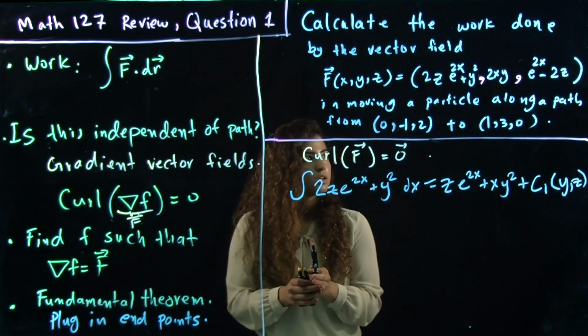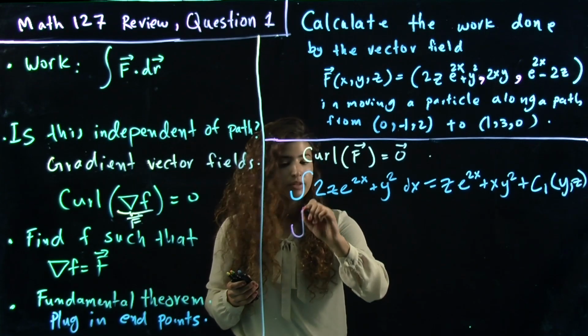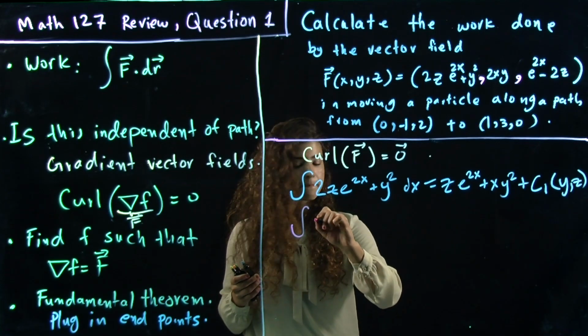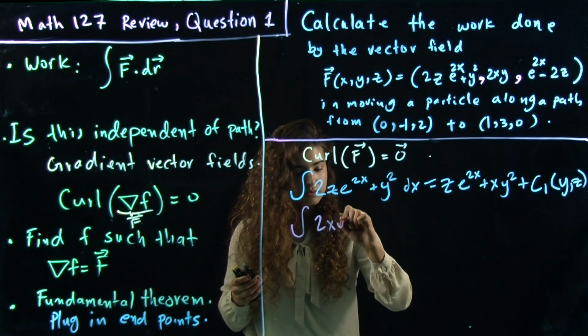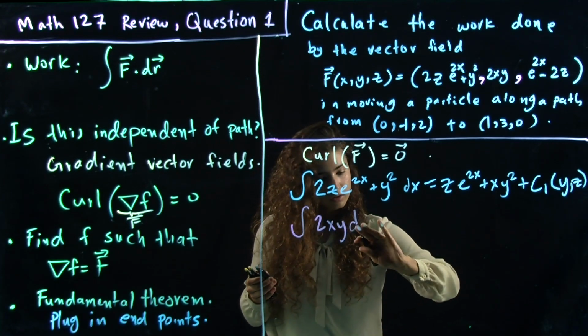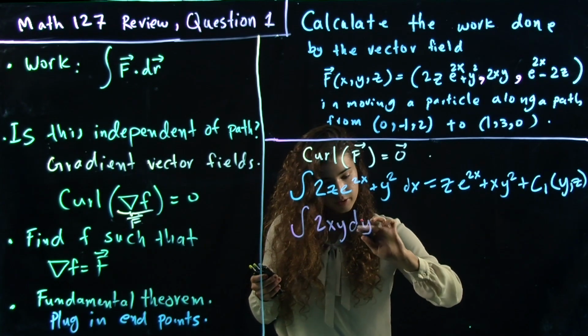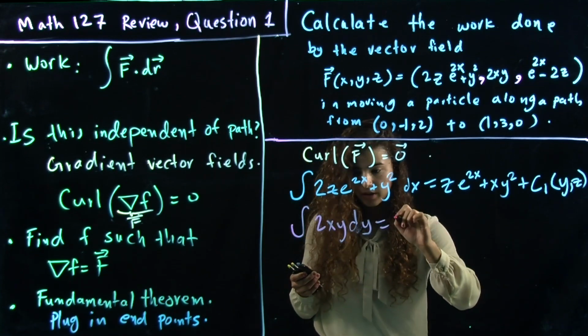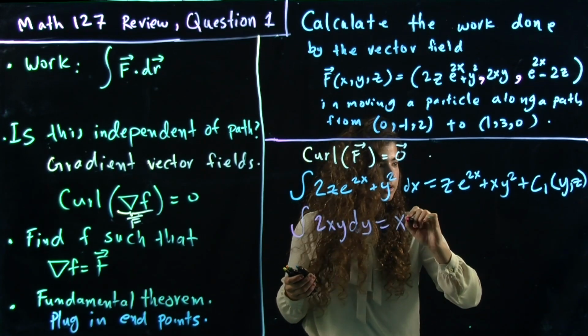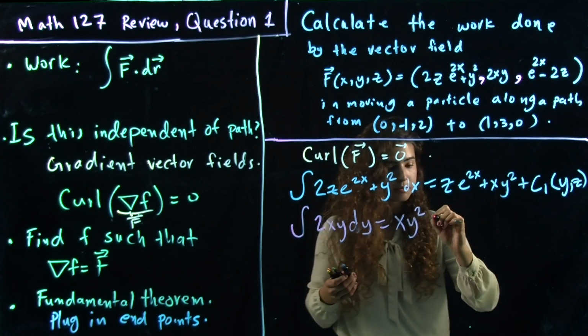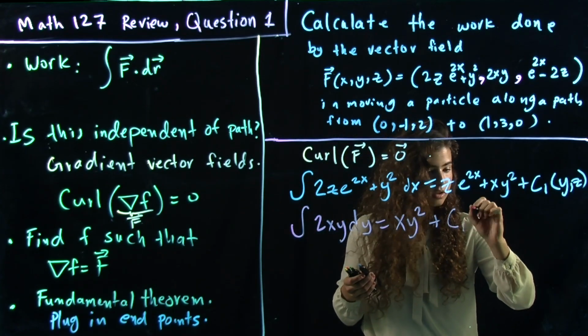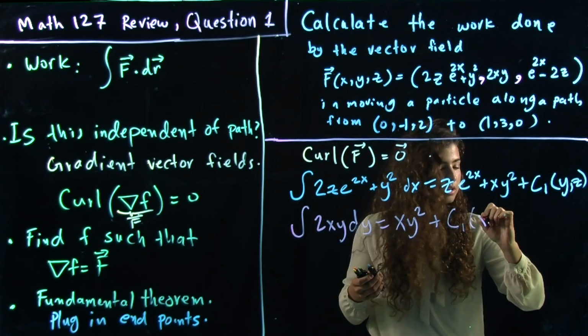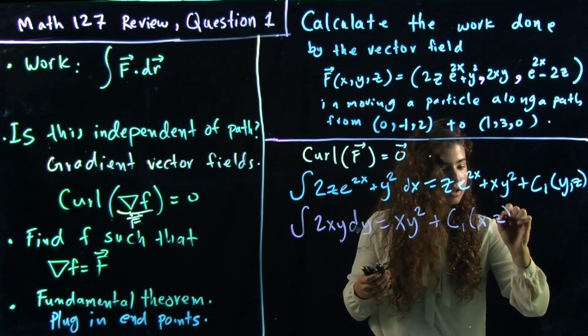Okay. And so we'll take the integral of the y component with respect to y, and that is xy squared plus some constant in terms of x and z.